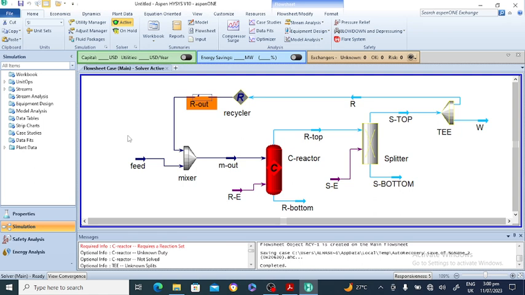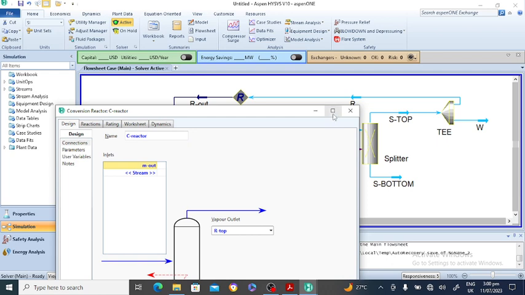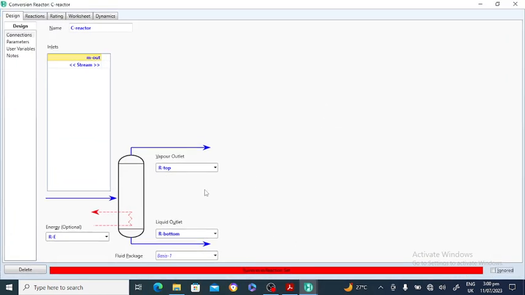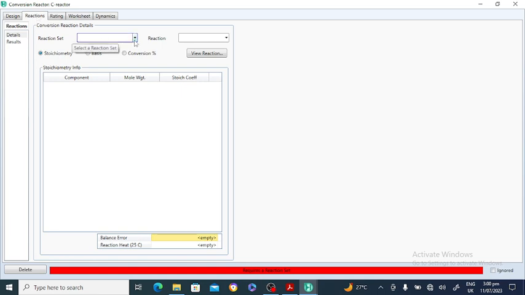Okay. Now go to the reactor, it is not solved, so double click on the reactor and it shows a problem, the required reaction set. So go to the reaction and add the reaction, and now it is okay.